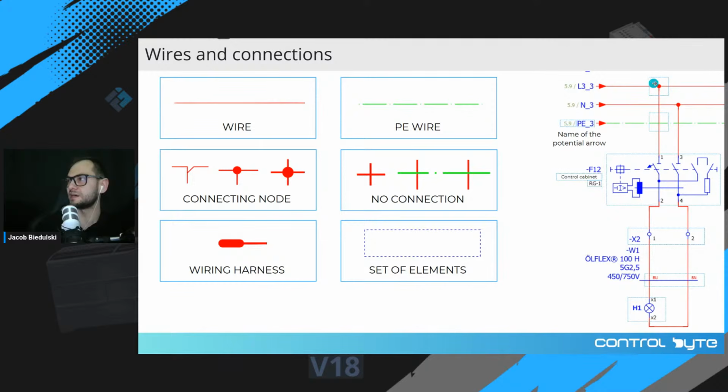So here on the right, if you see a dot on the line intersection, this is a connection, and here this is no connection. So this is really important, and many young electricians with industrial specialization make mistakes here. So pay attention to the connection and no connection method, okay?